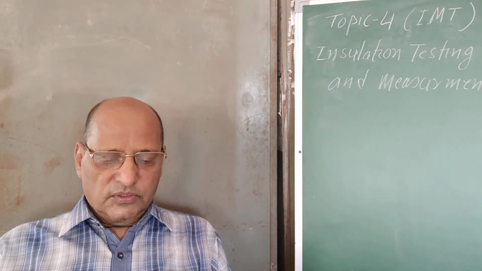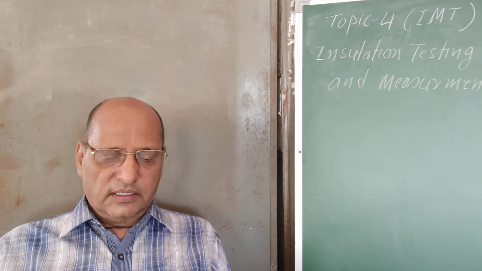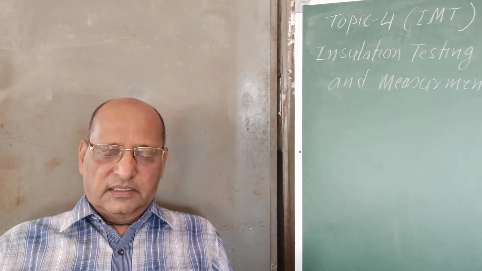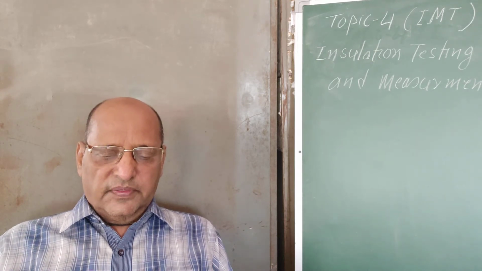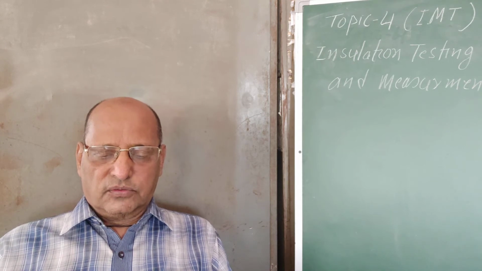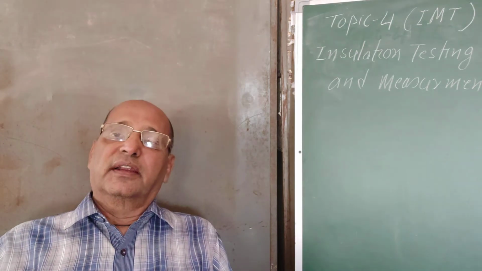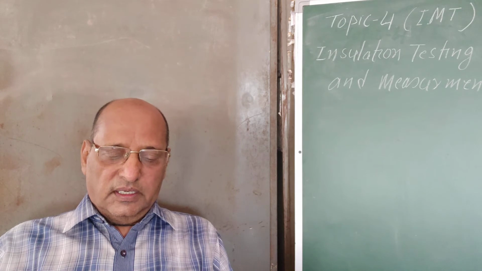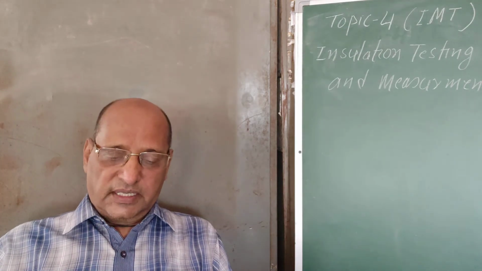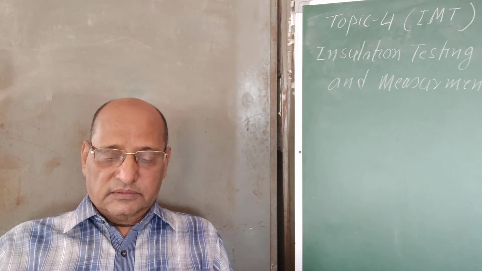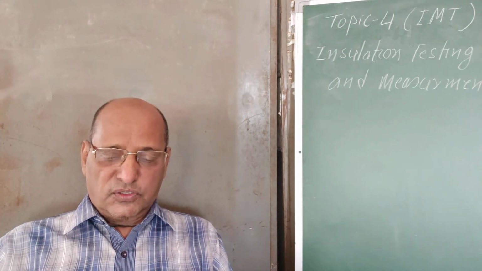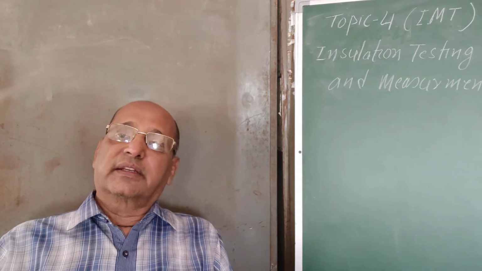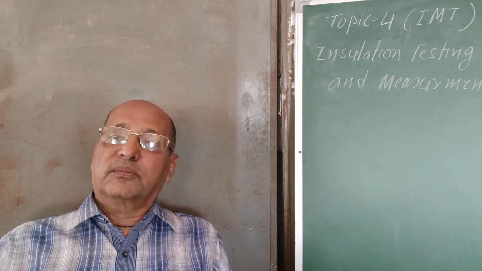In this topic today I will discuss only two articles: what is insulation and insulating material. I will provide the diagram of the megger, then the values of different types of insulation according to their class and their temperature. This I will also provide on the WhatsApp group, along with the megger diagram. Here, the points we have discussed are the instrument used for insulation measurement, what insulation is, the types of insulation, and the materials of insulation.